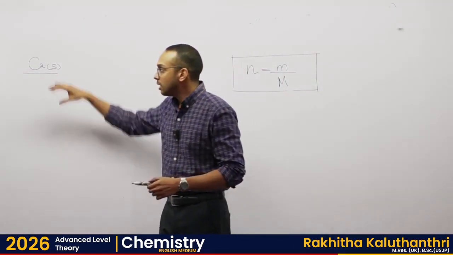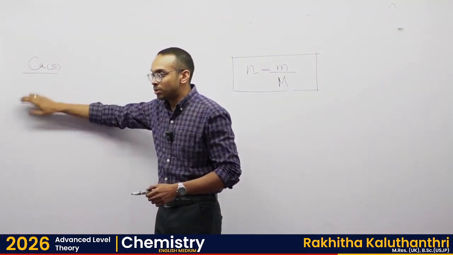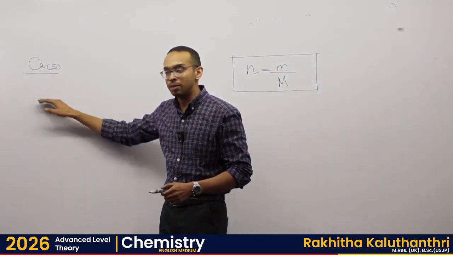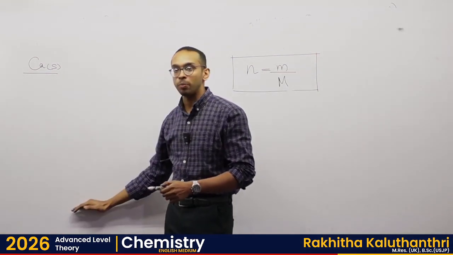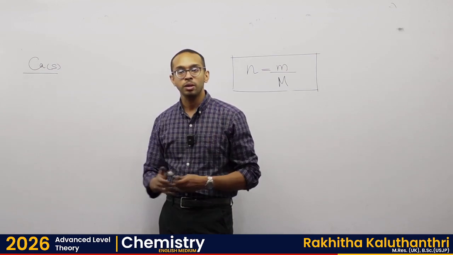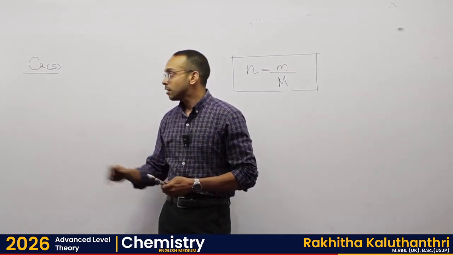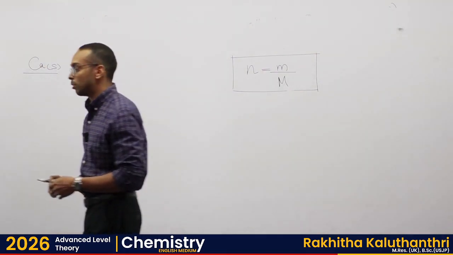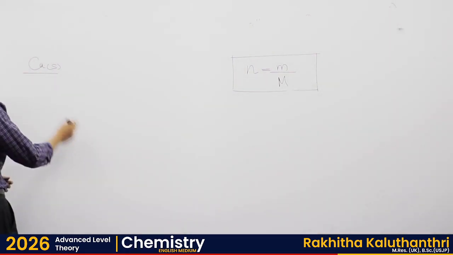So you have to be clear about what you're talking about when you start. Otherwise, with n equals m divided by M, there will be so many of them on the same A4 paper, and the examiner has to wonder what you have done. If you have written a topic and then given the answer, it will be easier for anyone who marks your paper.